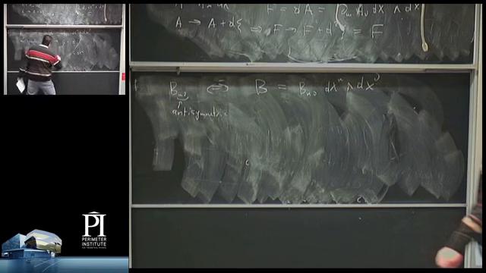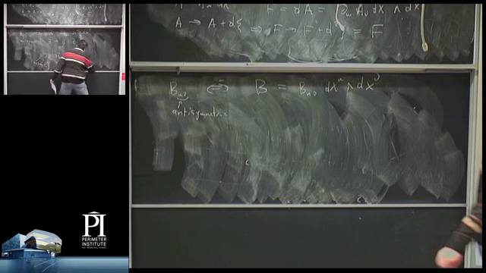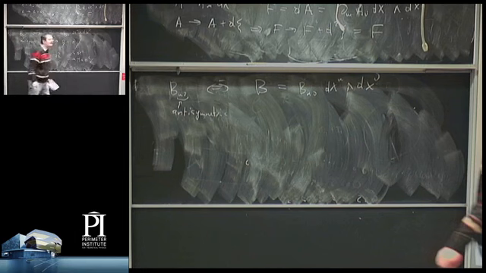And this is going to be just H equals dB. And again, this is gauge invariant because H goes to H plus d squared Λ under gauge transformation, but d squared always vanishes. So this is gauge invariant.